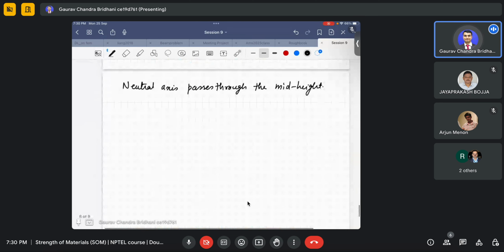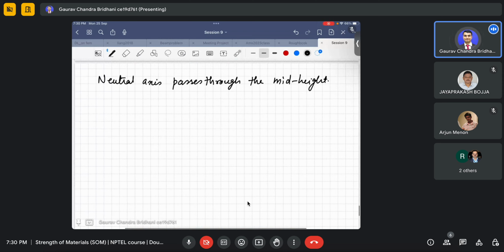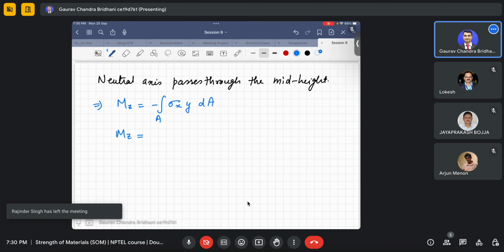These problems are a little bit involved mathematically. So you have to write moment mz, which is minus the integral over the area of sigma x y dA. We want to find mz, so I will find sigma.